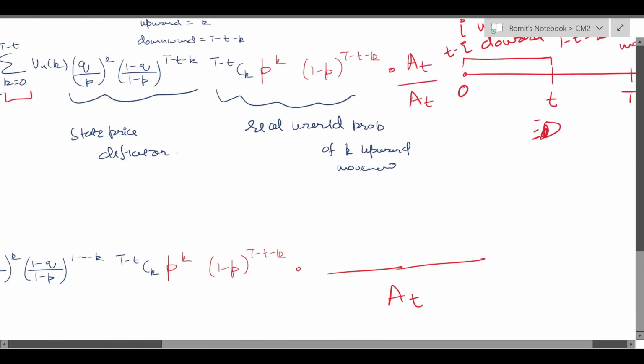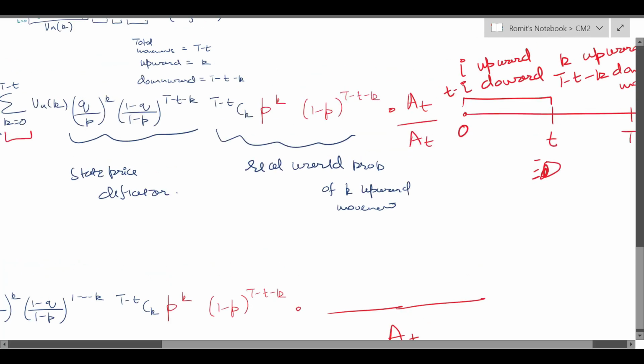So since there have been i upward movements, the value of the state price deflator will be (q/p) to the power of i and ((1 minus q)/(1 minus p)) to the power of t minus i. Okay.